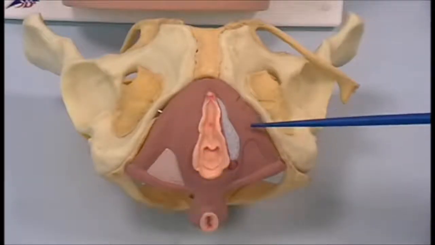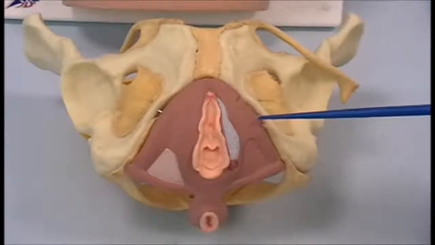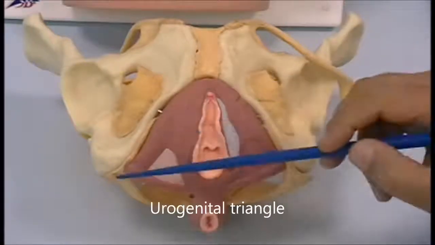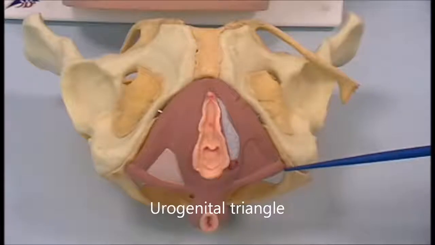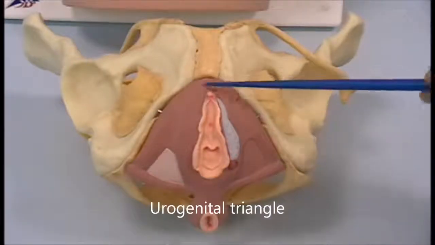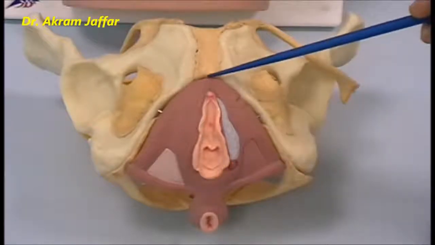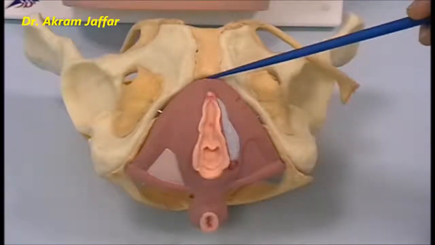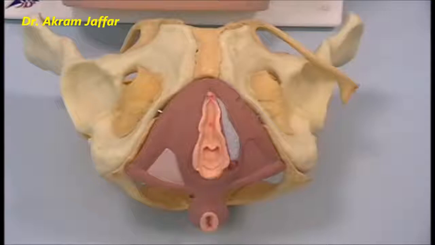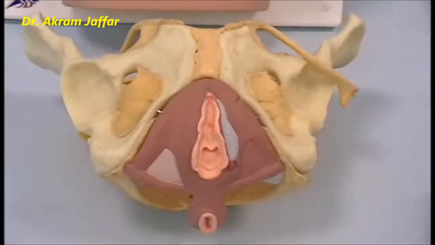It closes the urogenital triangle of the perineum. It's a little bit deficient anteriorly, inferior to the pubic symphysis. And in fact, the urogenital diaphragm is a fibromuscular structure. It's made of fibrous tissue and muscles.